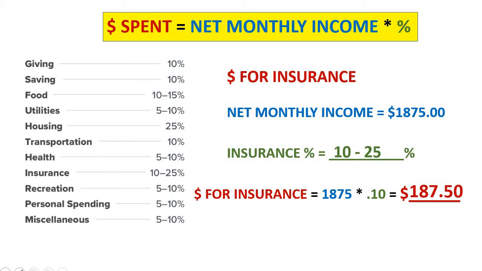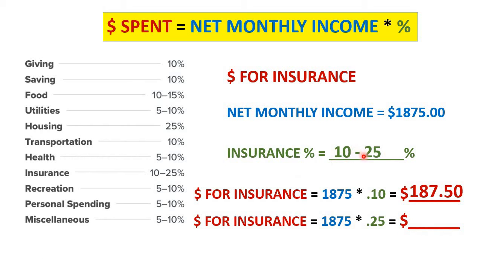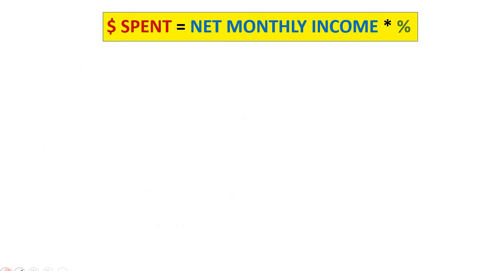What do I want to make sure I don't spend more than in a month on insurance? So I'm looking at my 25% now. Again, same formula, monthly income times percent. So what's that maximum amount that I want to spend in a month for insurance? Excellent job, 468.75. Beautiful.